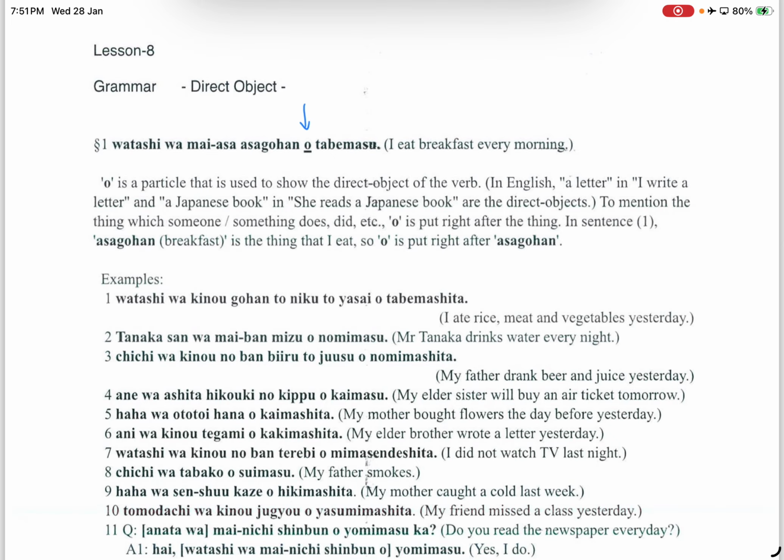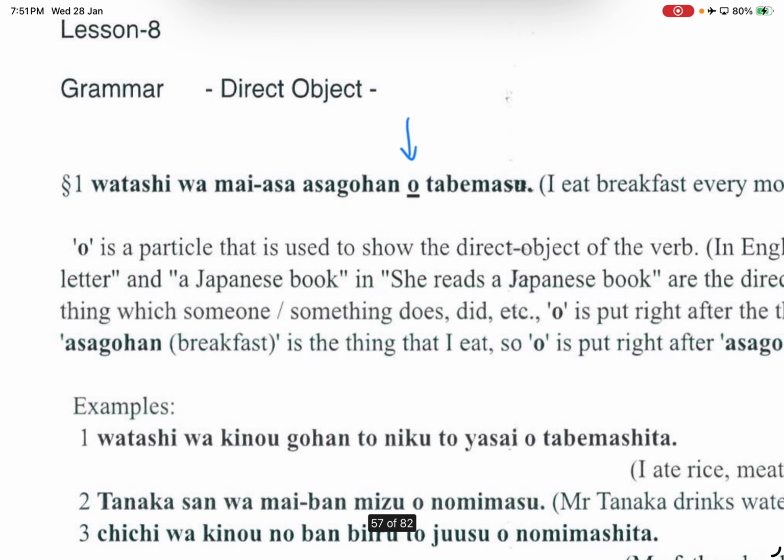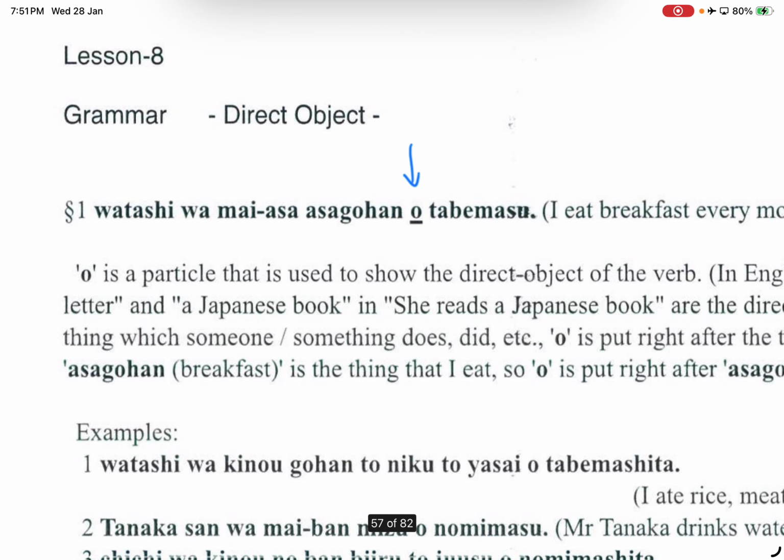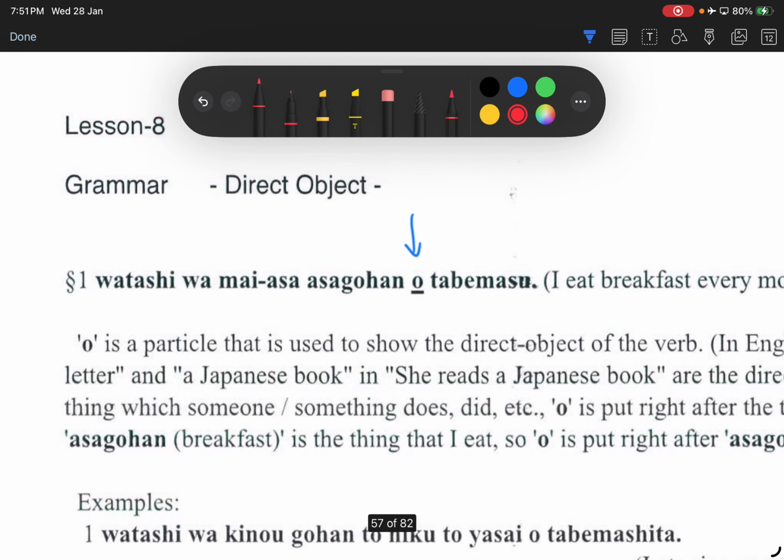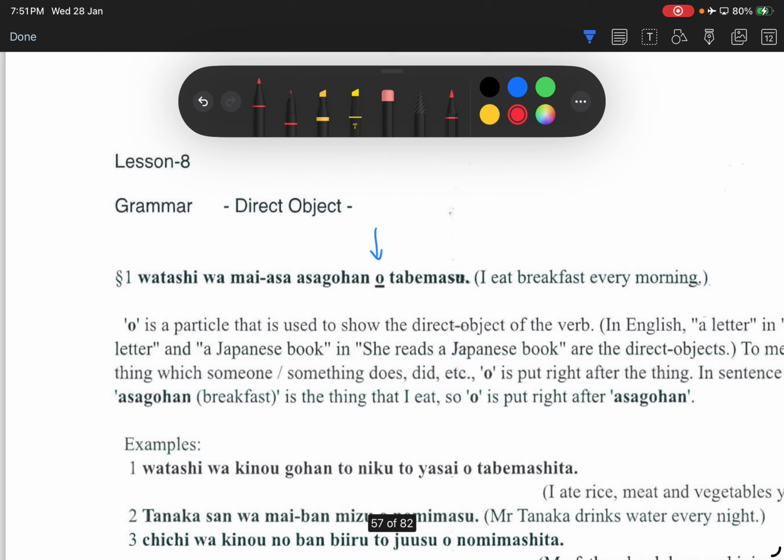So over here, our o is what we call the direct object particle. That means how we are interacting with the previous object. So asa gohan is our breakfast. Breakfast, what do you do to breakfast? Asa gohan o tabemasu.